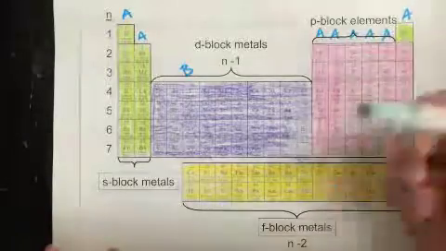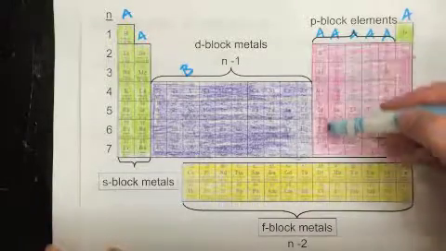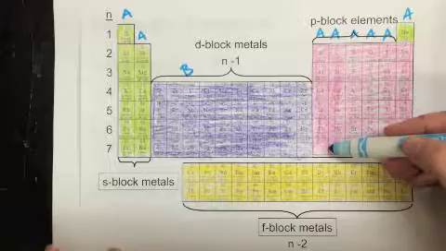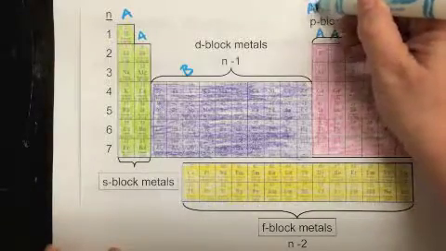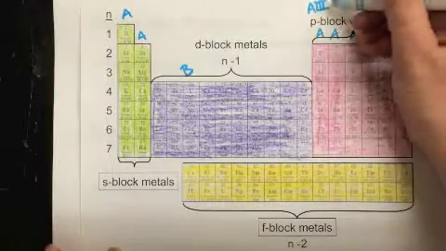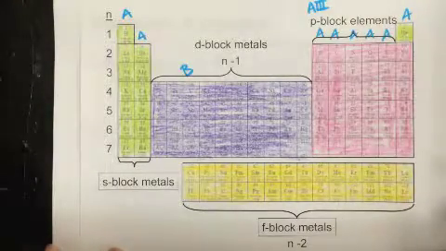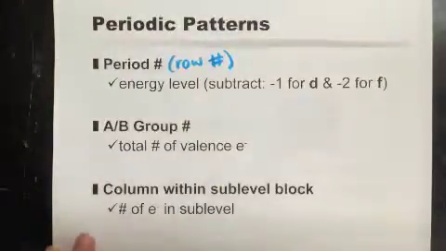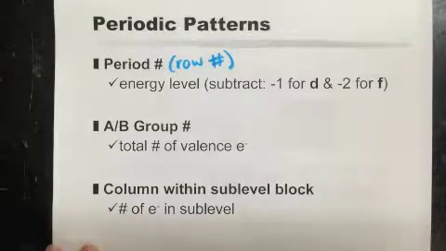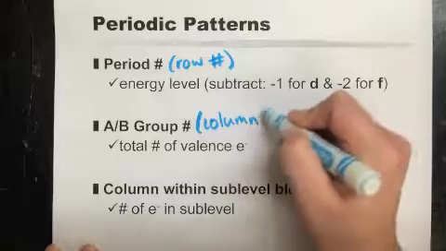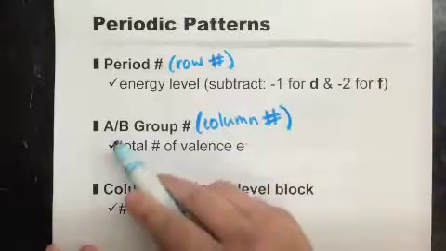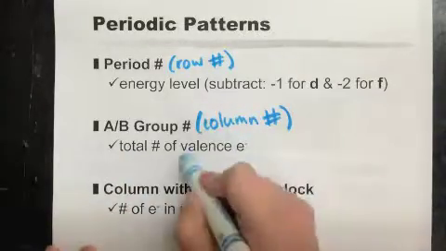So for example, this is column 13, but it says A like that. That means there are 3 valence electrons. Okay, so the group number, which is the column that's beside your A and B, is the total number of valence electrons.